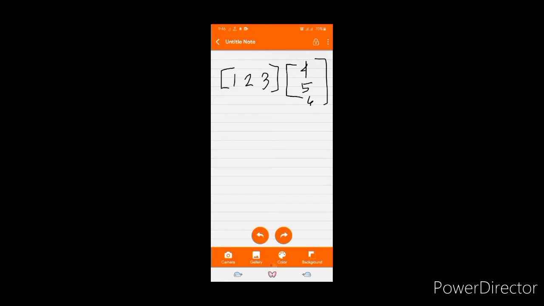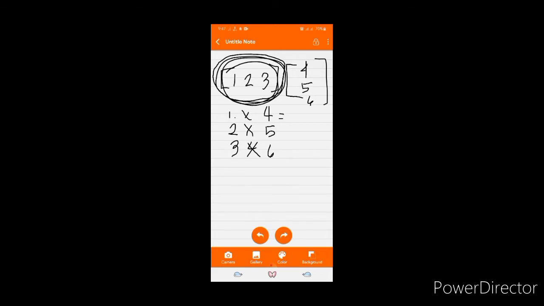So we can multiply this by writing the second vector vertically. So we will have 1, 2, 3 times 4, 5, 6.